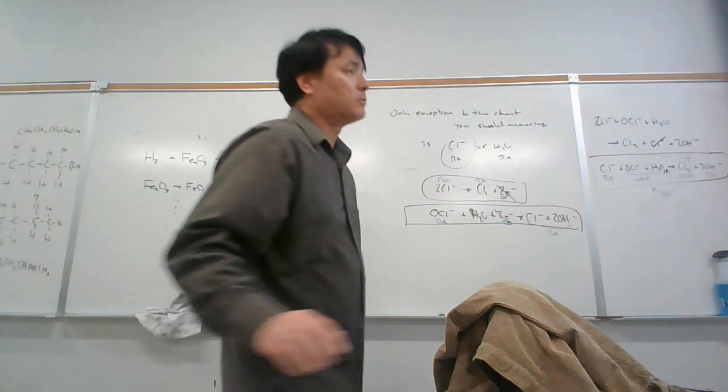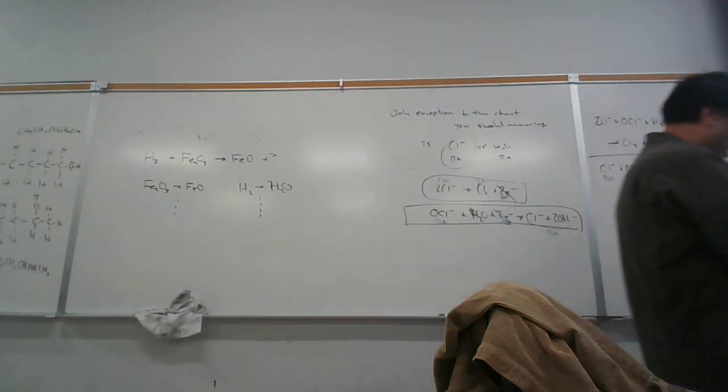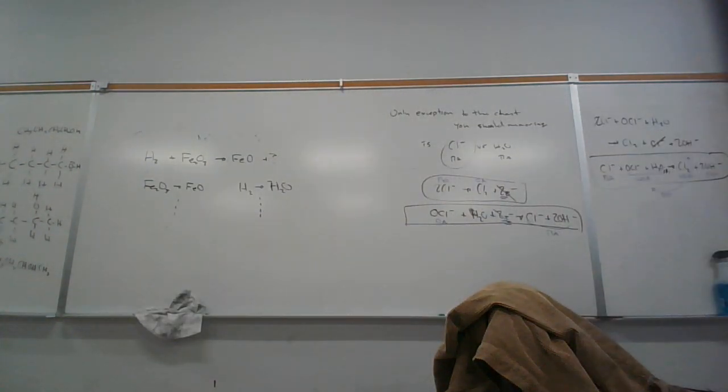All right, some more problems to go, but I want to talk about the lab coming up. I'm going to do the lab differently than the one you did yesterday. Experiment 18. In experiment 18, you do a whole bunch of redox reactions.